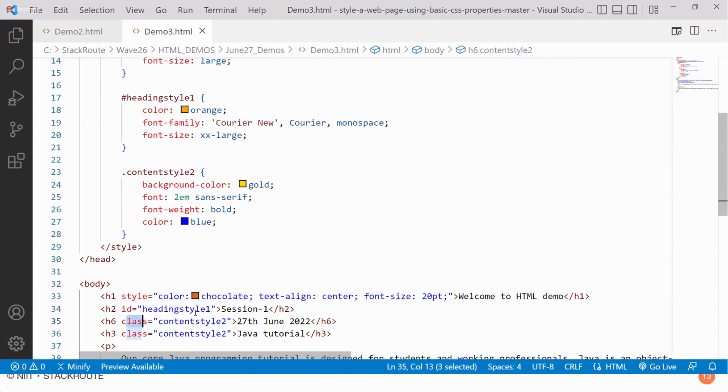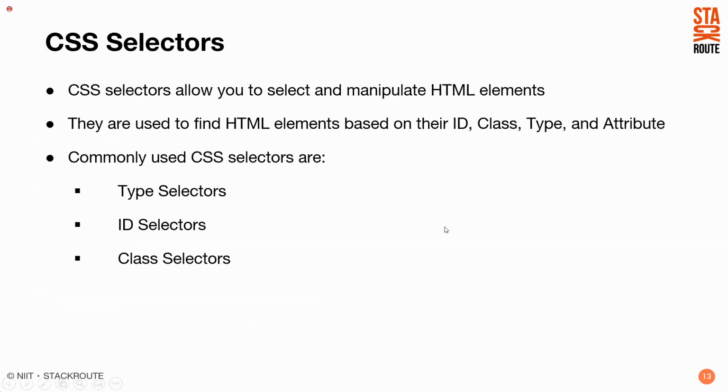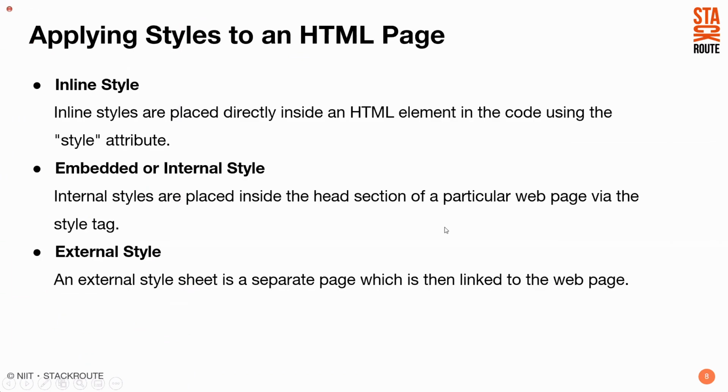Yesterday, if you look into our demo, you will find this class. Class is nothing but it is calling a style sheet property. All the properties have been enclosed within braces. This is the selector and this is the declaration. Let me go back to my slide.